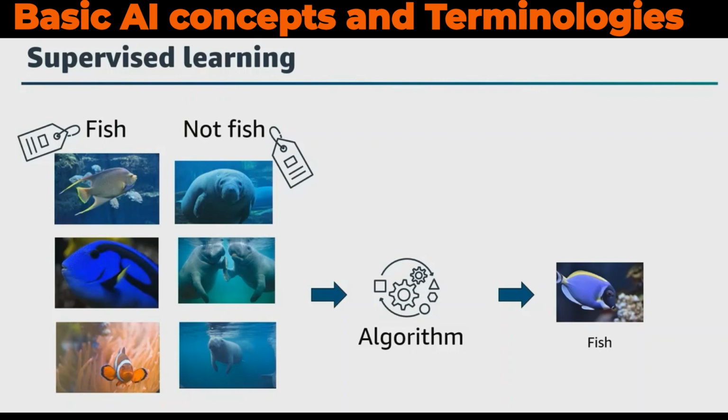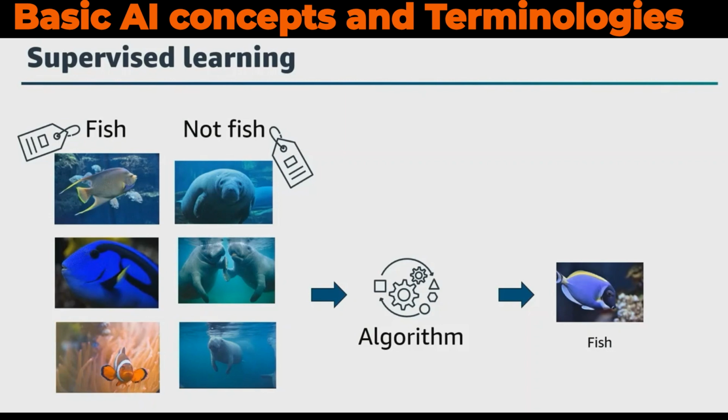In this example, we show the model pictures of fish, and these are labeled as fish. In the same data set, we include pictures of other animals, like manatees, and these are labeled as non-fish. So our training data specifies both the input and the desired output of the algorithm.